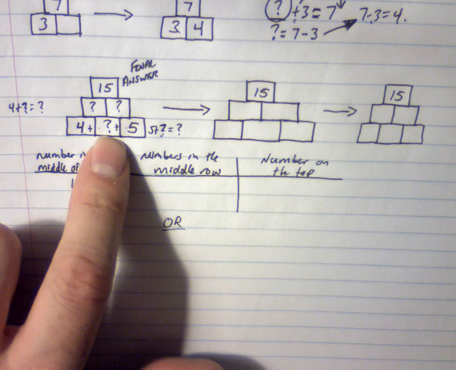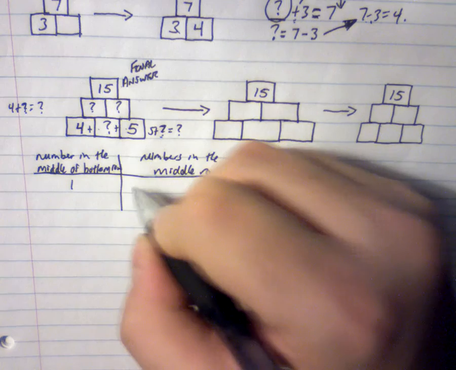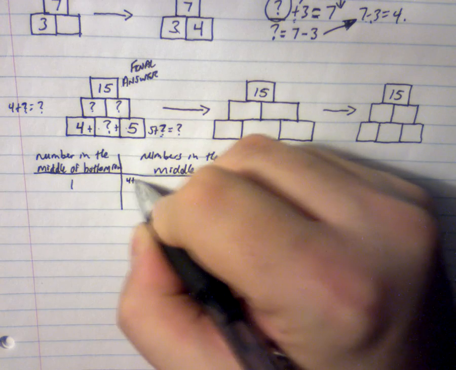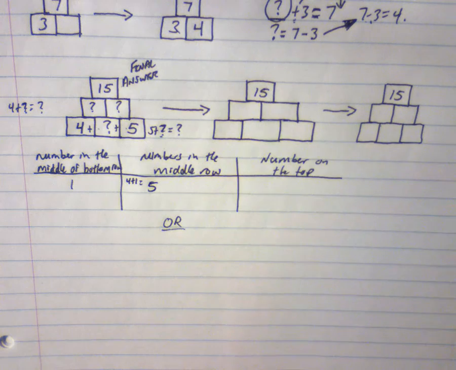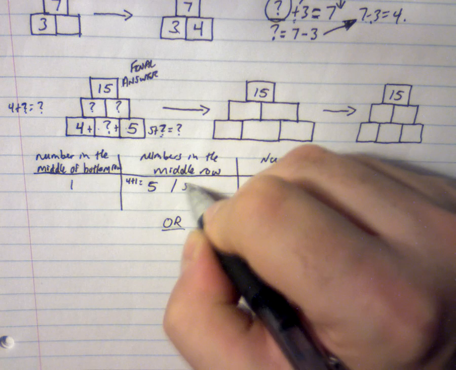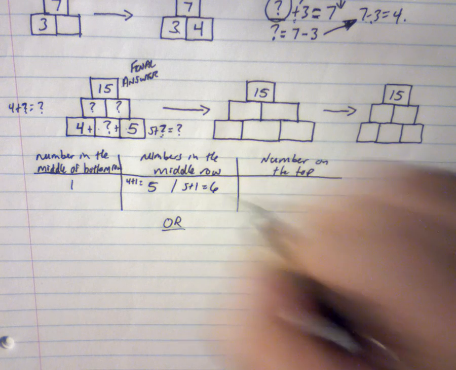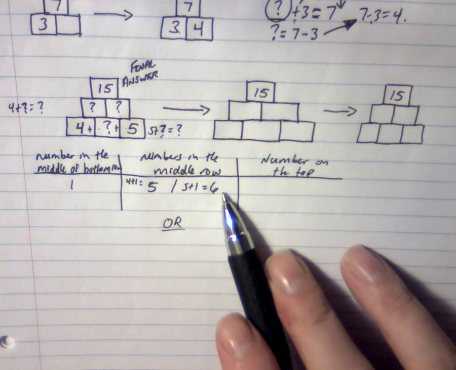If we put a 1 in here, the numbers in the middle would be 4 plus 1, which would give us 5, okay, and 5 plus 1, which would give us 6. So what we're looking at is 5 and 6.